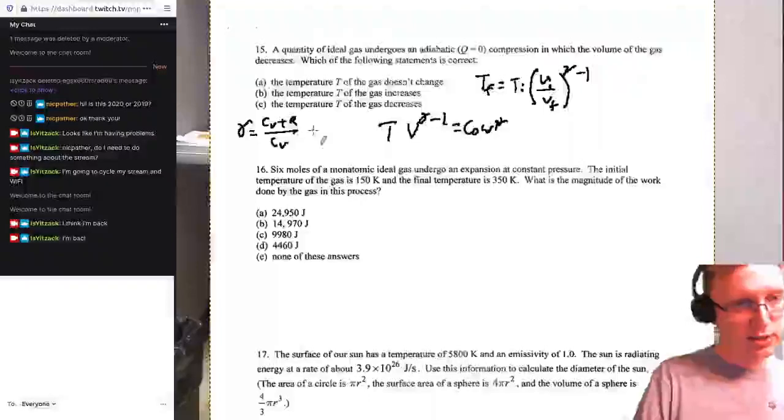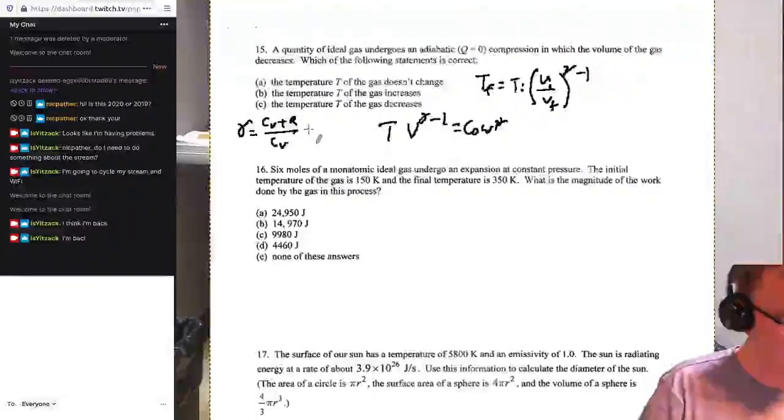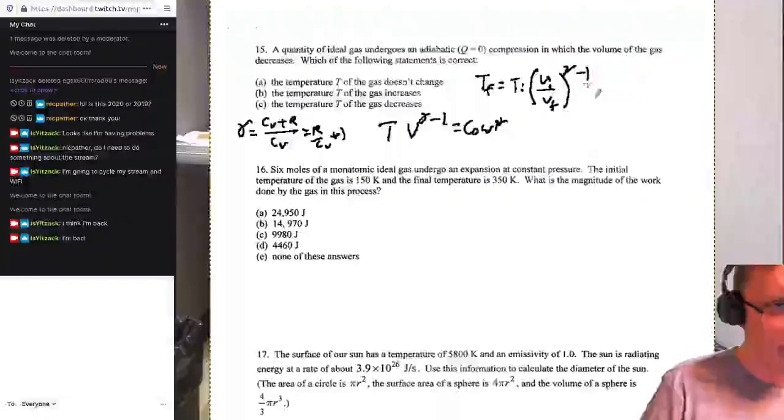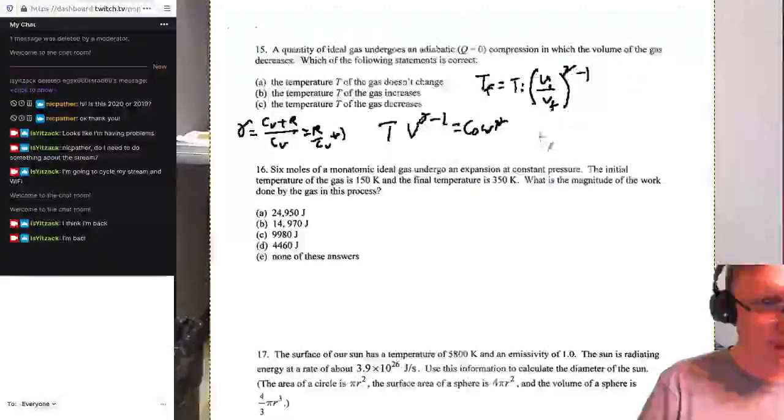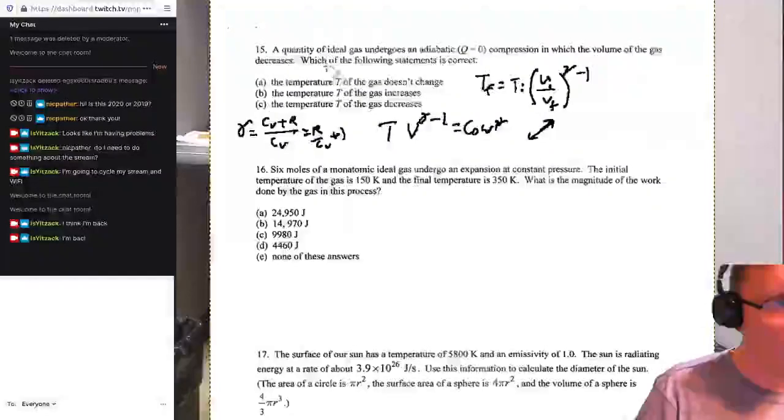So this becomes R on CV plus 1, minus 1. So R is positive, CV is positive, therefore this is also positive. So our power is positive, and so we have an increasing value. You're told that it compresses so the final volume is smaller.